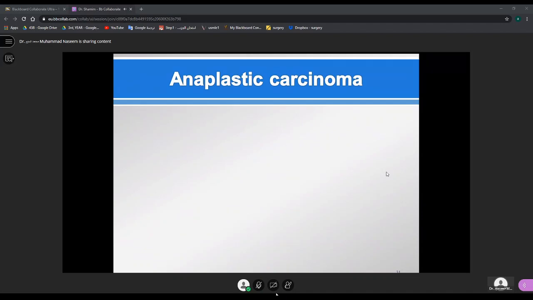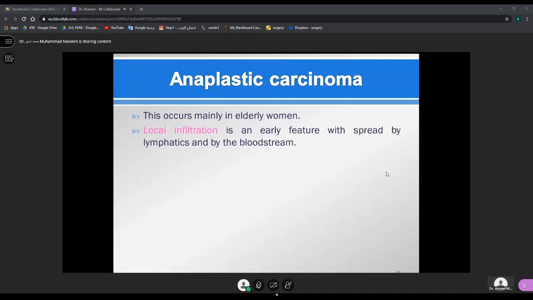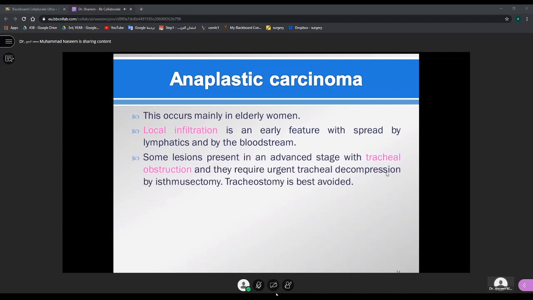Some description of anaplastic carcinoma: it occurs mainly in elderly women. Local infiltration is an early feature, with spread by lymphatics as well as bloodstream. Some lesions present in an advanced stage with tracheal obstruction, and they require urgent tracheal decompression by doing isthmusectomy.